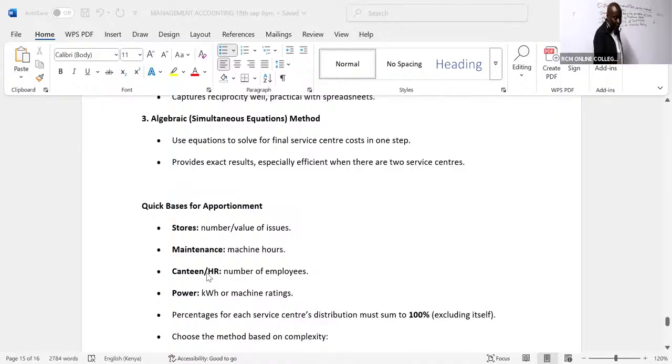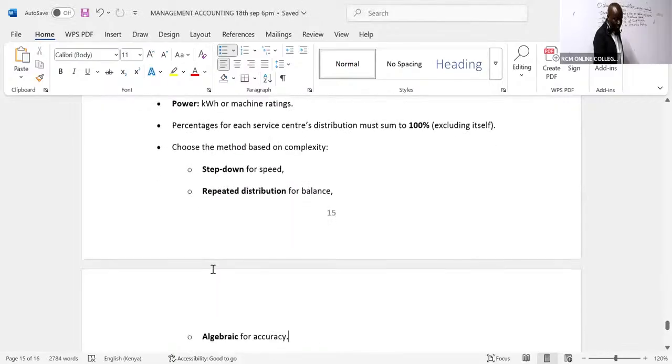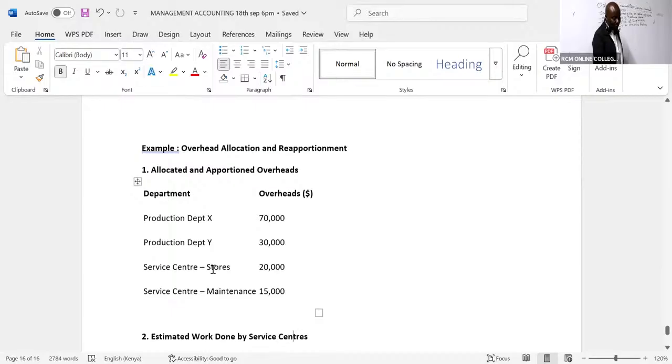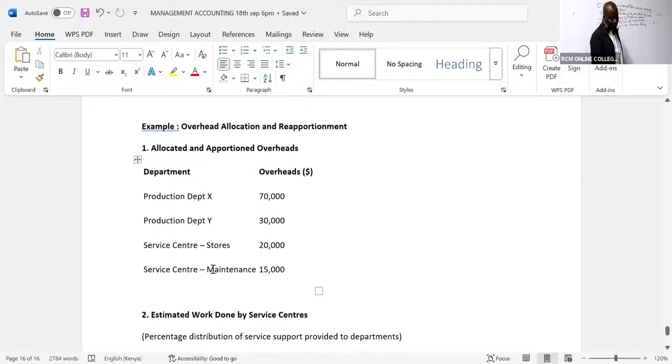So where we have reached, we should be able to straight away look at an example. Let's write this example down. Example: overhead allocation and reapportionment.